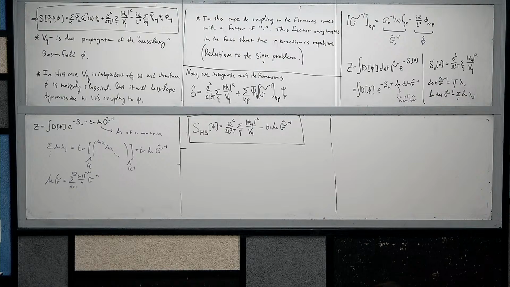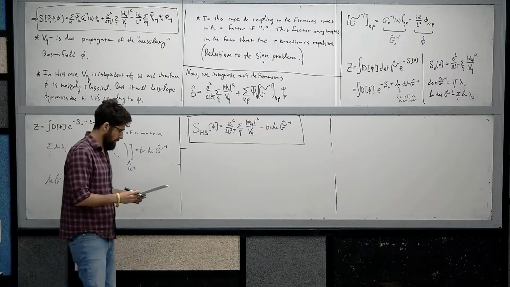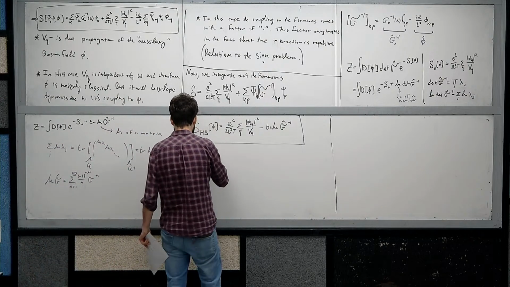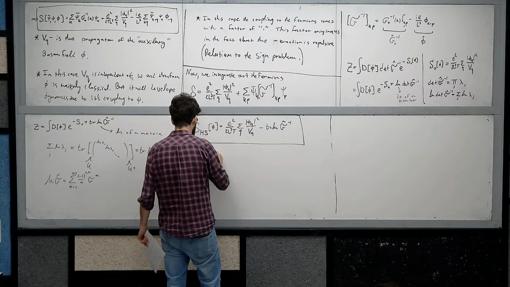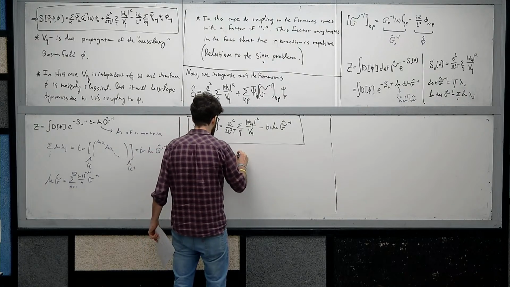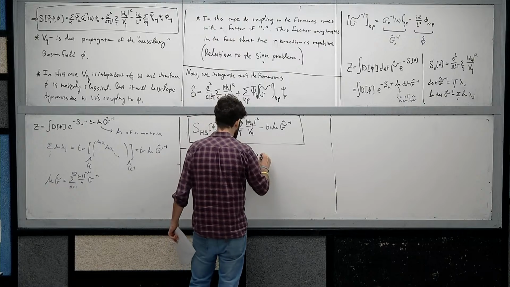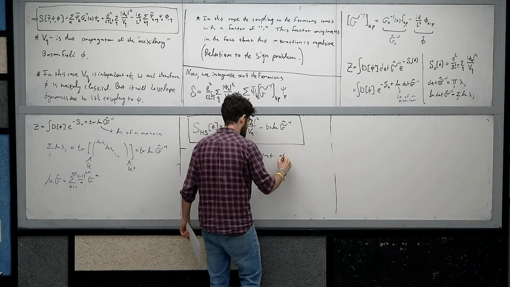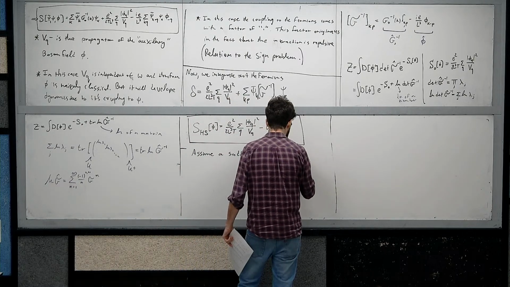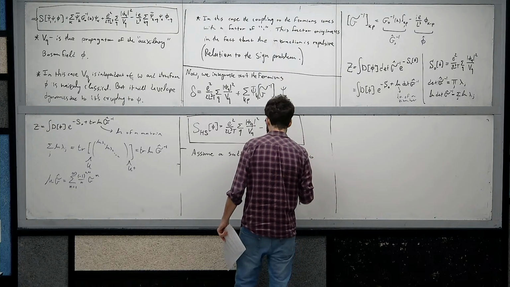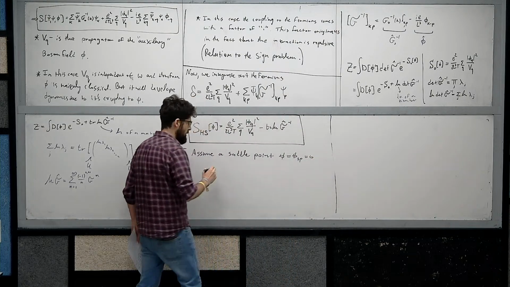So we need to guess the decomposition correctly such that the saddle point is a good one. Now let's see what this gives us in this case. So we're going to assume a saddle point phi is equal to 0, and expand around 0.